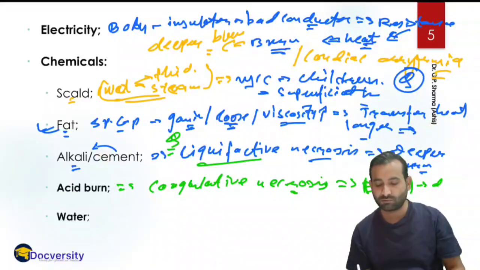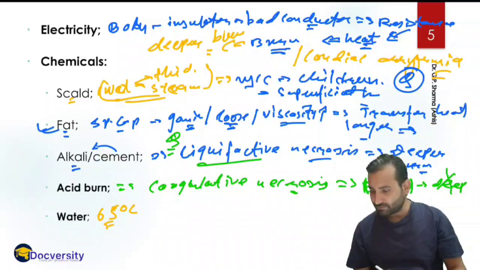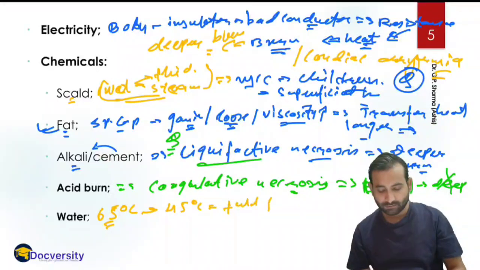So it does not go deep, so it produces the superficial burn. Similarly, water, let's take a reference of water at 65 degrees Celsius, right? If water at 65 degrees Celsius is exposed to our body for 45 seconds, it produces the full thickness burn.